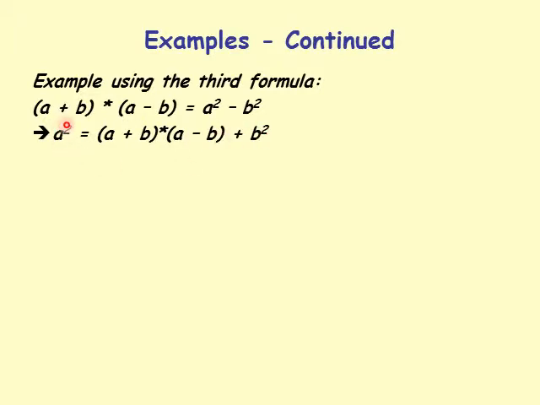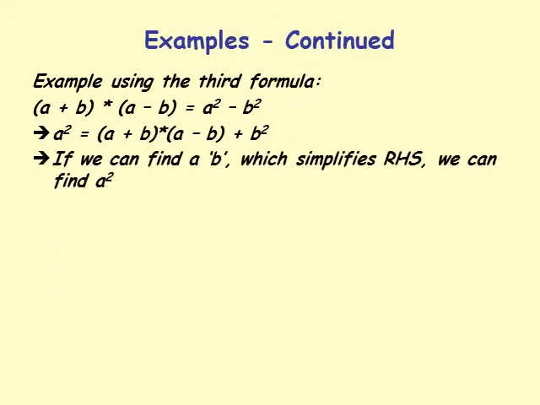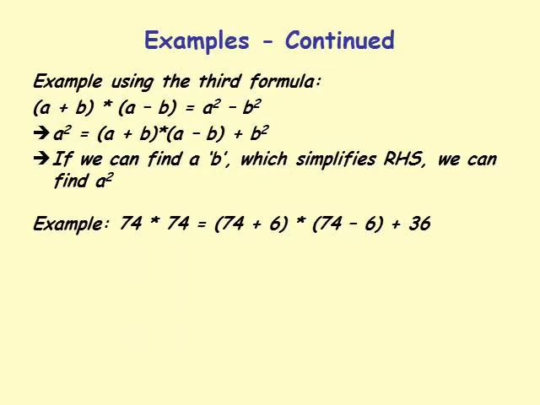We want to evaluate a squared. We're going to find a small b such that I can compute (a plus b) times (a minus b) easily, and then add the square of the b we just computed. If you can find a b which simplifies the right hand side, we can find a squared. That's what we're trying to do here.